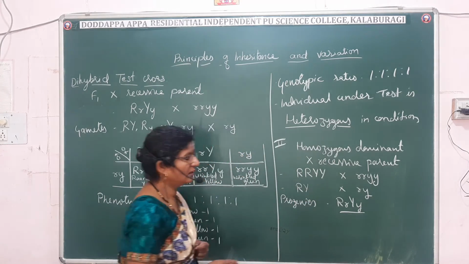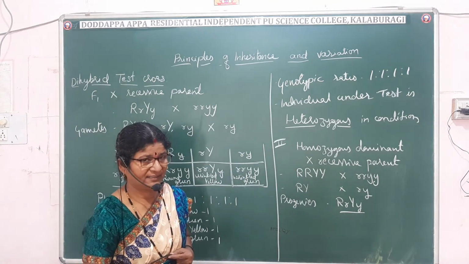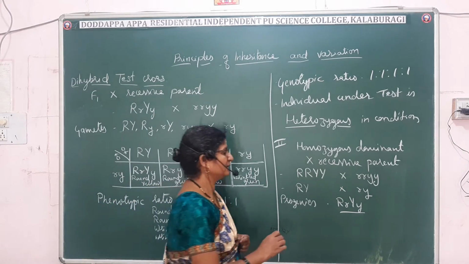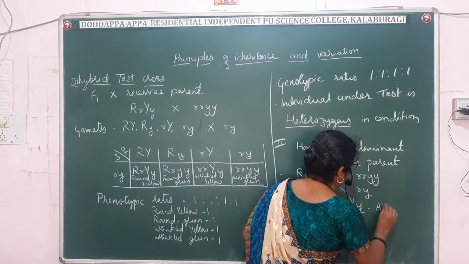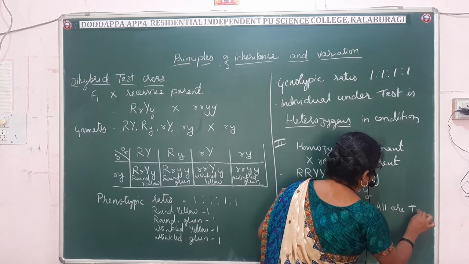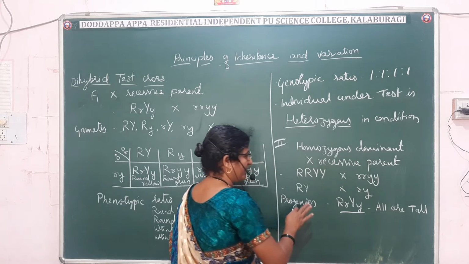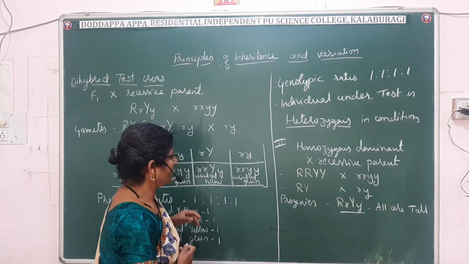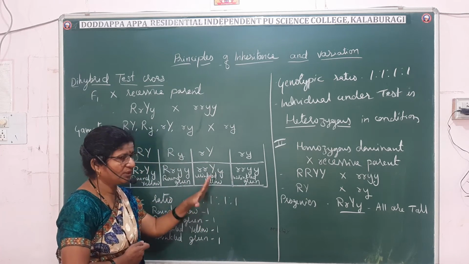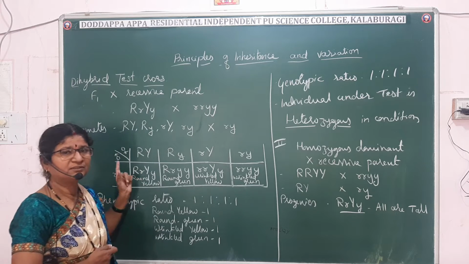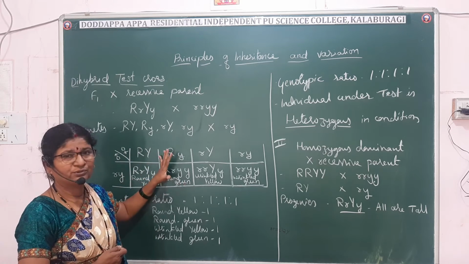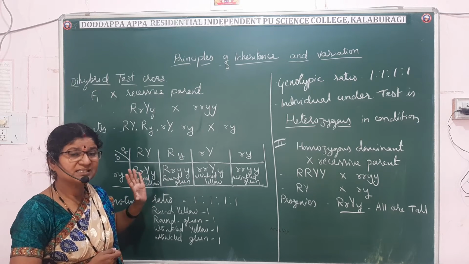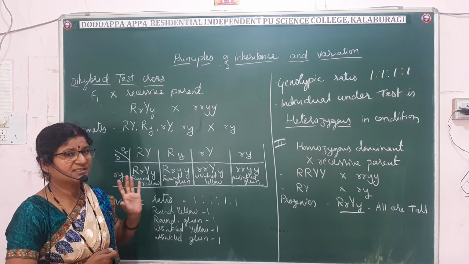So all are tall. So when you draw the table, you will get the same variety. The gametes are same. When you draw a table with 4 rows and 4 columns, all 16 will be tall.